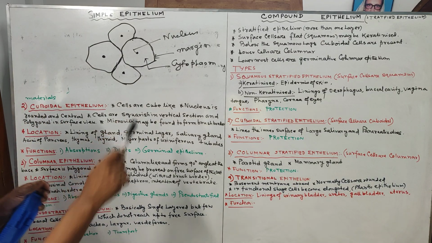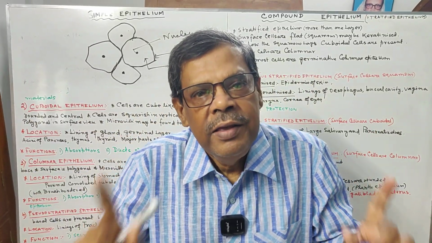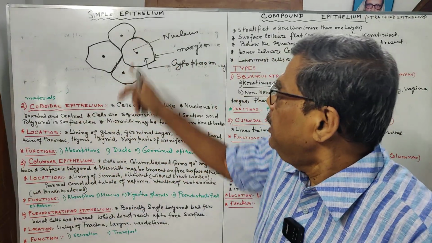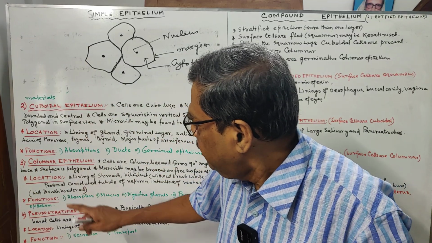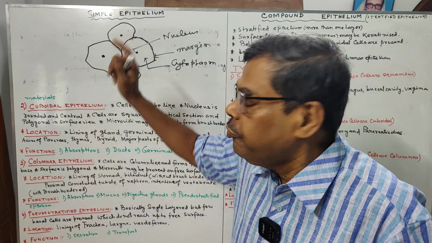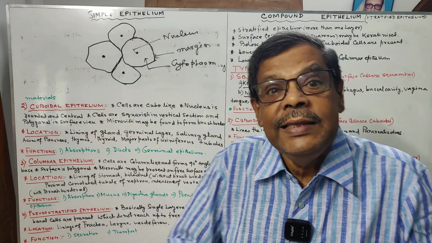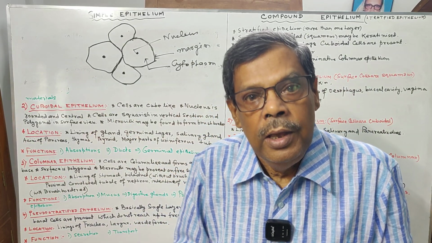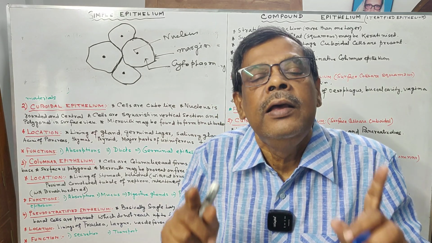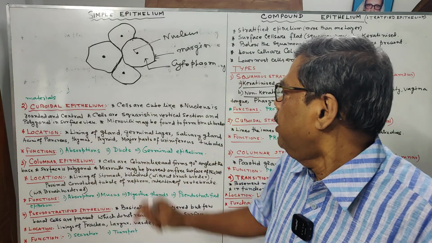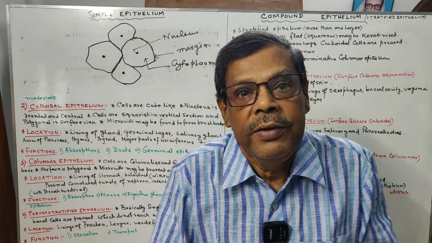Next, cuboidal epithelium. Cuboidal, columnar, pseudostratified and squamous are all simple epithelium. The cuboidal epithelium cells are cube-like, meaning length, width and height are the same. The nucleus is rounded and centrally placed.